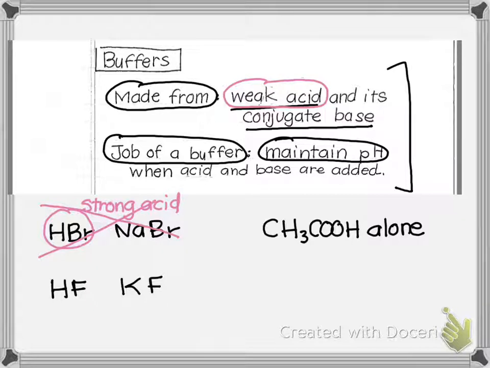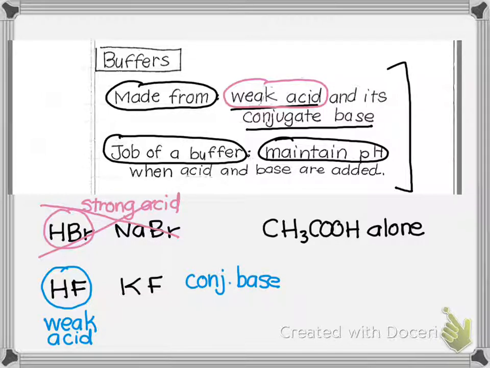Now the second combination, HF and KF. So HF is a weak acid. So we know we have to have a weak acid. And then we want to know its conjugate base. So to figure out a conjugate base, we are going to take away the H+.